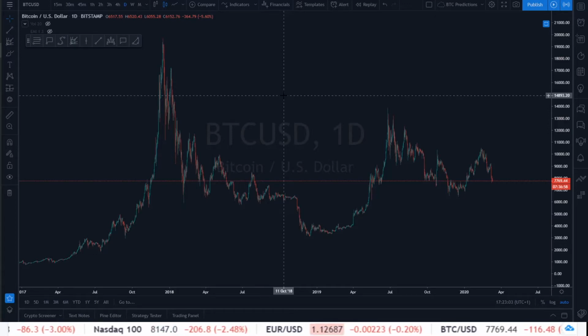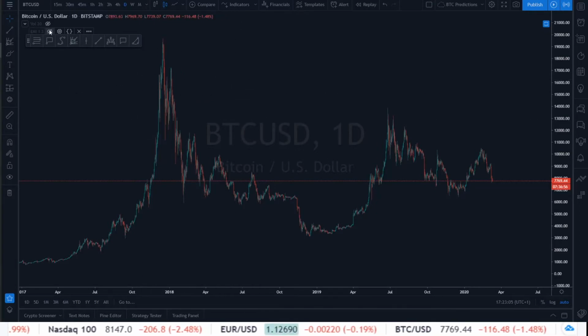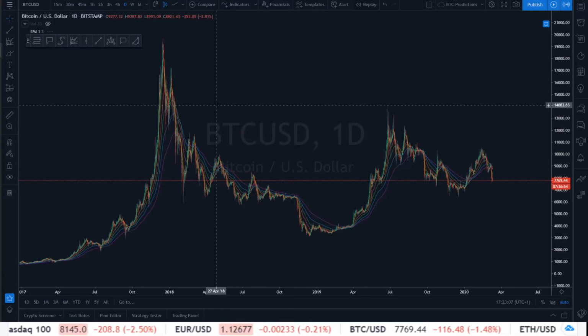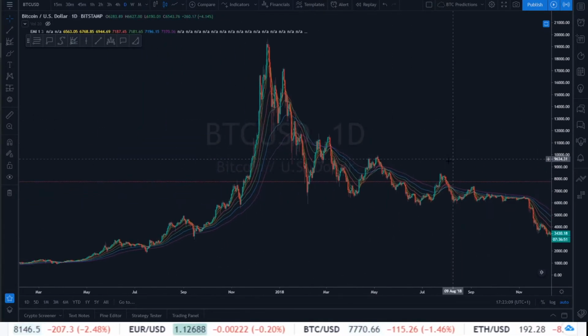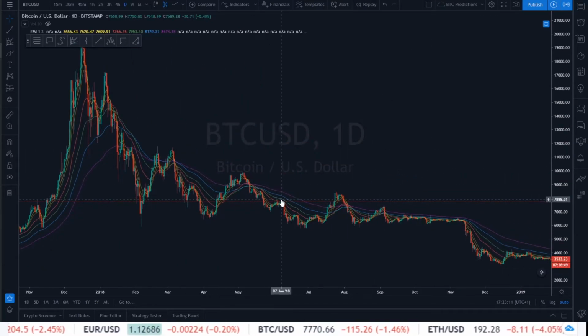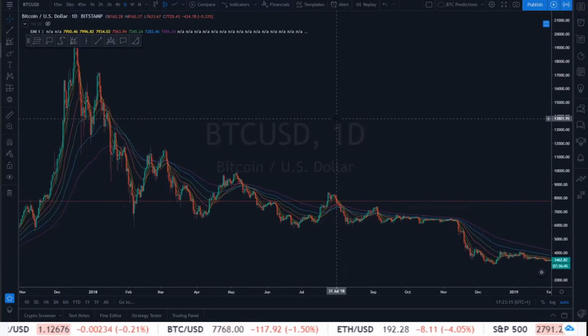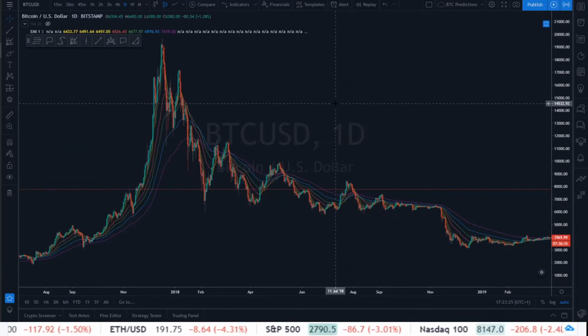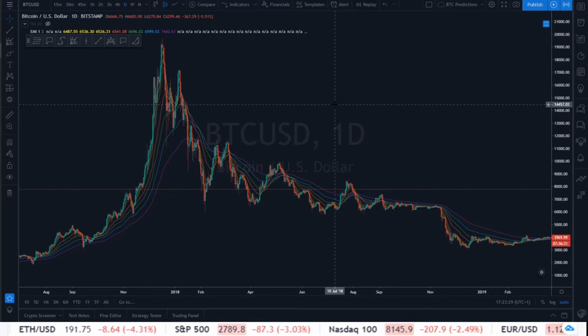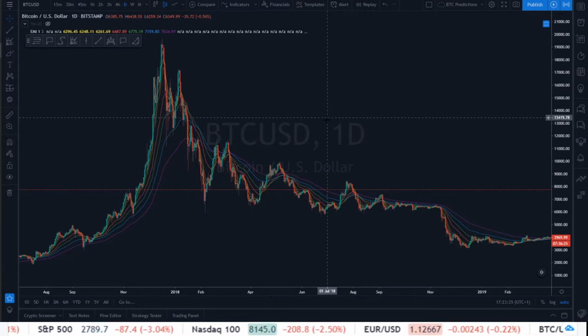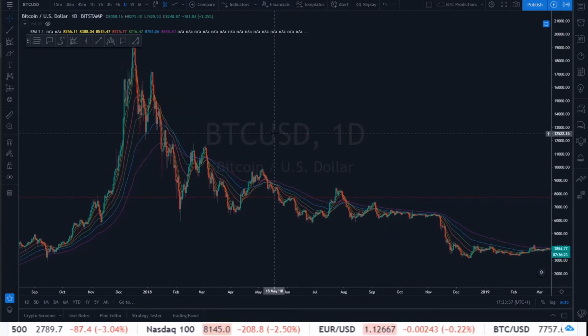How do you get this golden number? Well, as I've already told you, on this moving average, the sequence 21, 34, 55, and 89. It's simple arithmetic. It's just adding up the last number with the previous number in the sequence, and the total of that is the next number of the sequence.